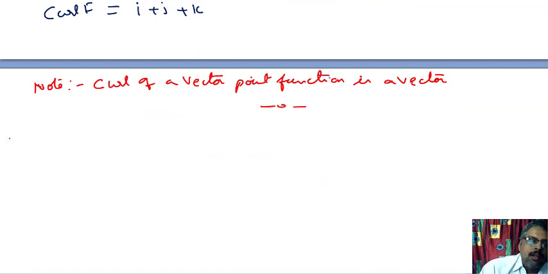Now coming to another question, example 2, just for understanding.